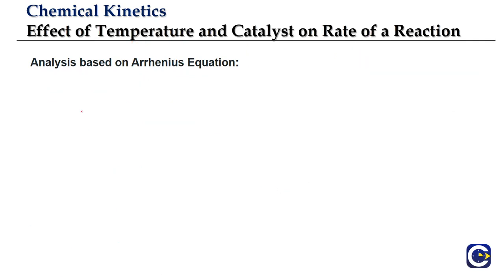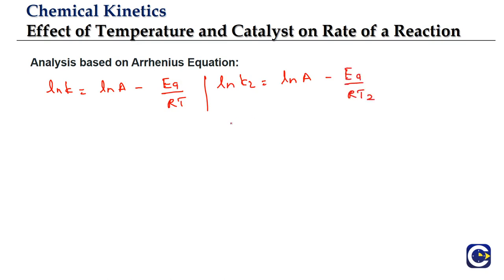And we can even look at how the value of k will change with regard to temperature. We have ln k is equal to ln A minus Ea by RT. Taking two temperature values, ln k2 will be ln A minus Ea by RT2, assuming that the A value will not change, and at temperature T1, ln k1 is equal to ln A minus Ea by RT1.